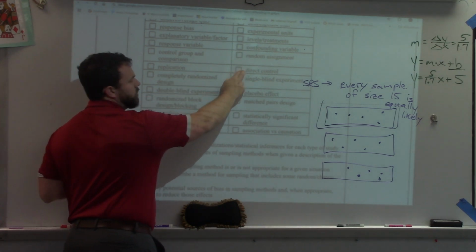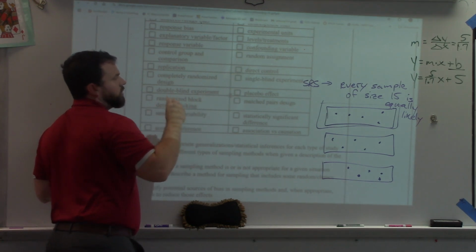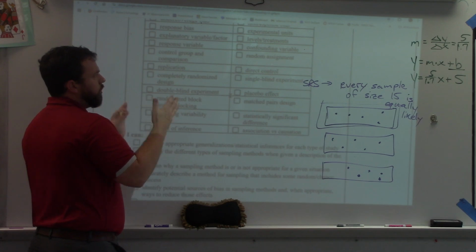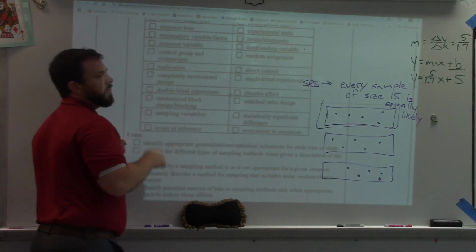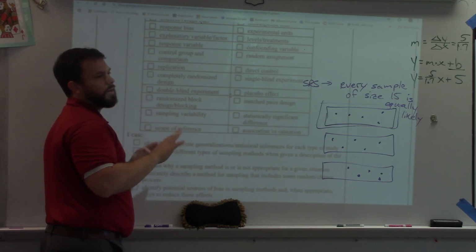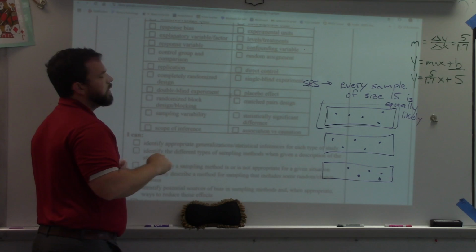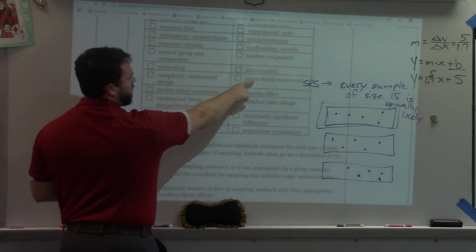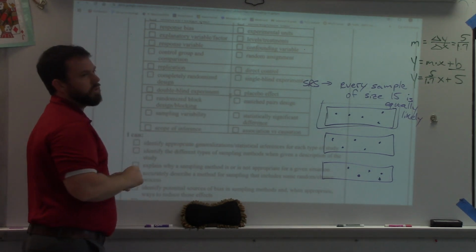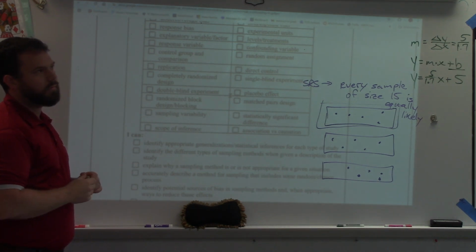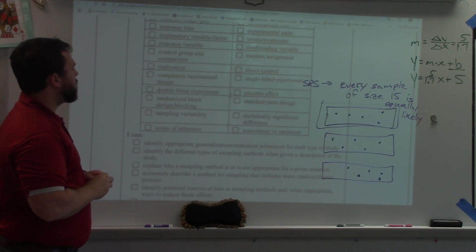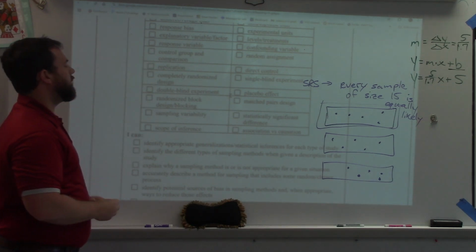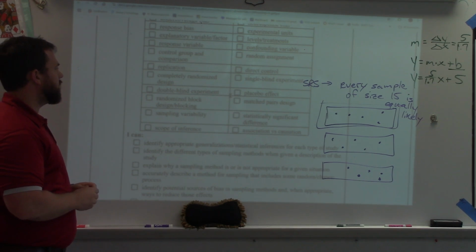Direct control allows me to directly control the confounding I'm worried about. Random assignment allows me to filter out the effects that I cannot account for. Blocking is another thing that allows me to directly control for factors or confounding variables that I know about. Replication, again, allows me to filter out things I'm not able to perfectly explain.